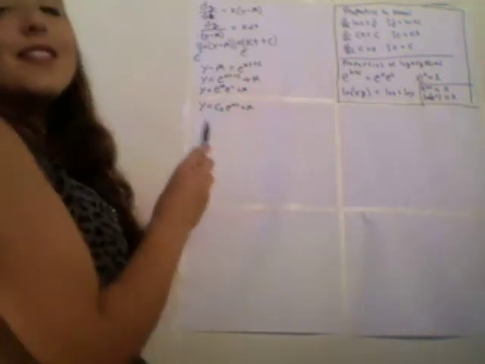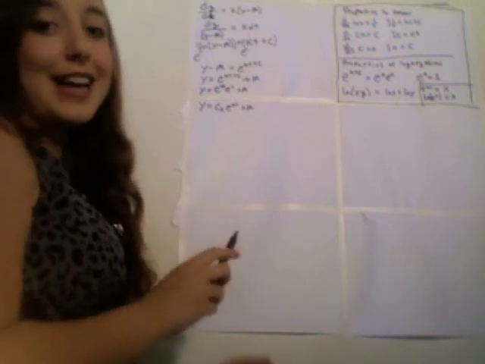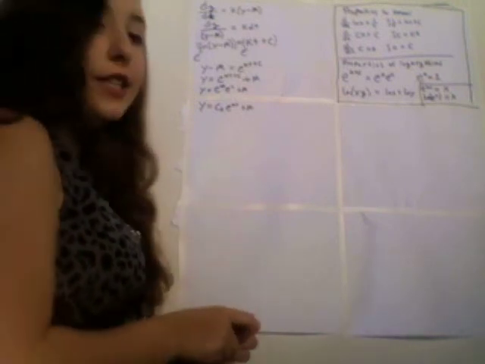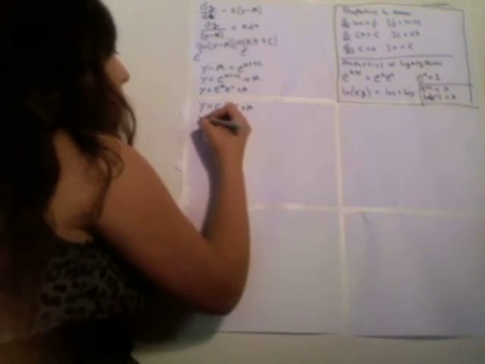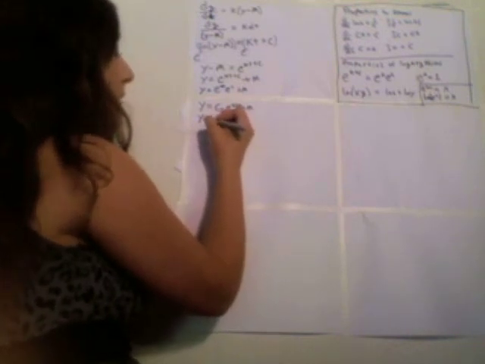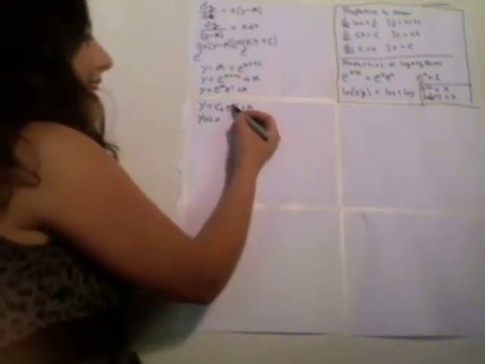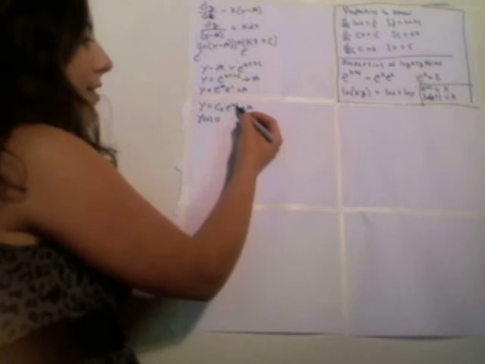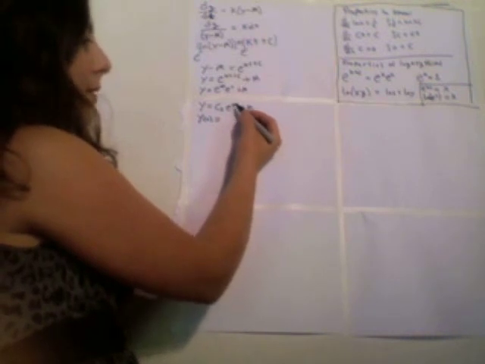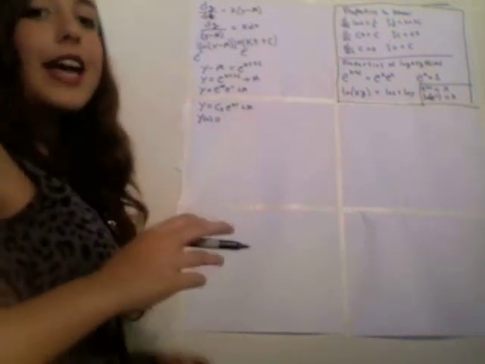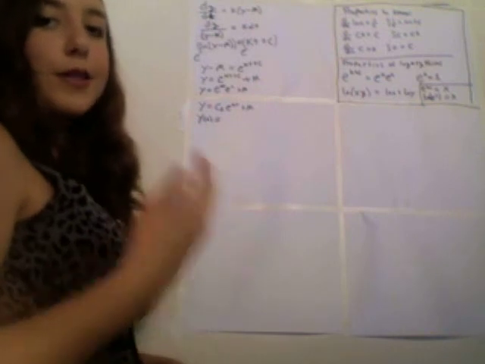Now we have to figure out what the c2 is, and we don't have to use any data to figure it out. We just have to use the equation. y of 0 equals, now this y of 0 means time equals 0, t equals 0. So if we have e to the kt, if t is 0, 0 times k is also going to be 0. e to the 0 is 1, just like any number to the 0 is 1. 1 to the 0 is 1, 15 to the 0 is 1.